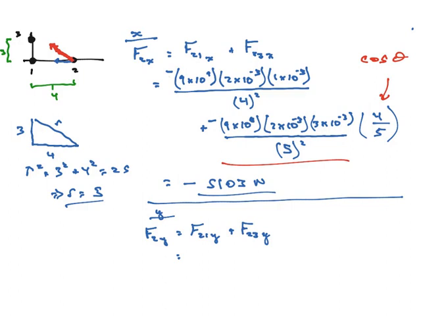However, a little intuition goes a long way here. Notice, charge 1 and charge 2 are directly in line on the x-axis. That means the force that 2 is going to feel from 1 is purely in the x direction. He's got no y component. So I know automatically the y piece of F21 is just 0. I don't even have to calculate it.